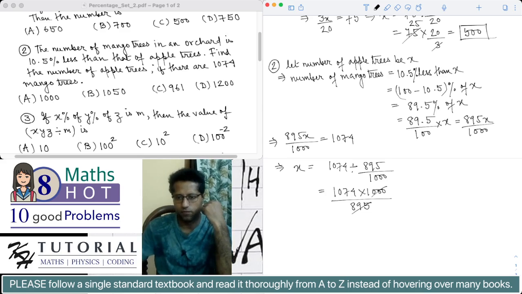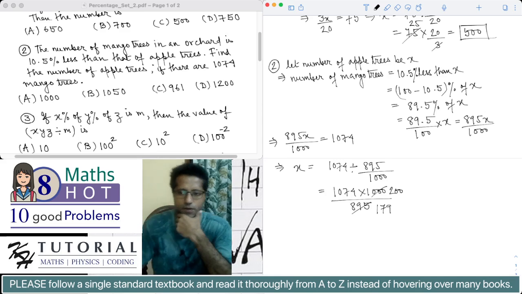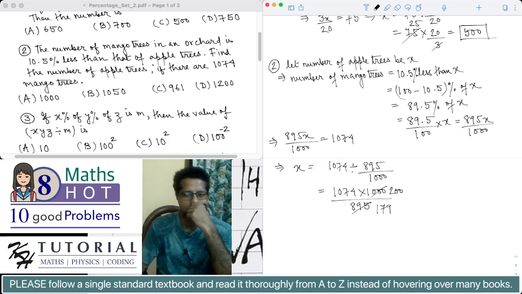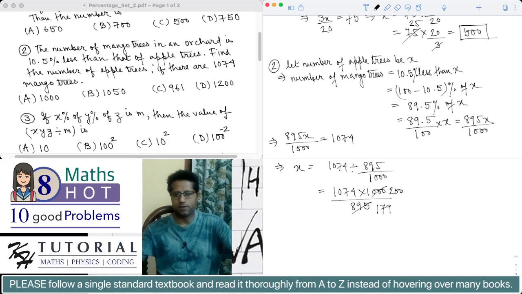So let's start simplifying. 5 cancels 1000 with 200, and cancels 895 with 179.